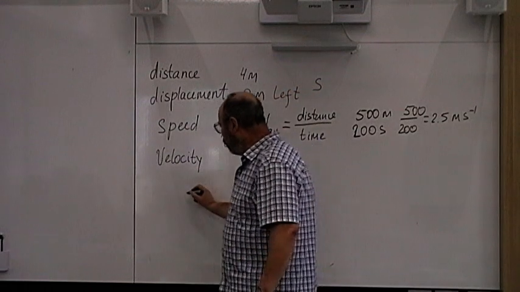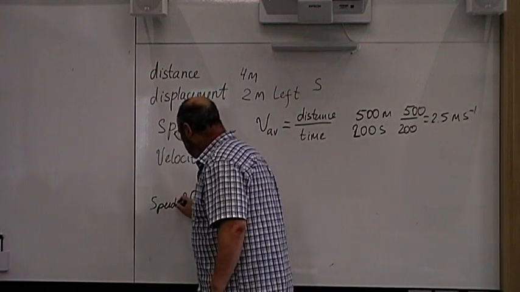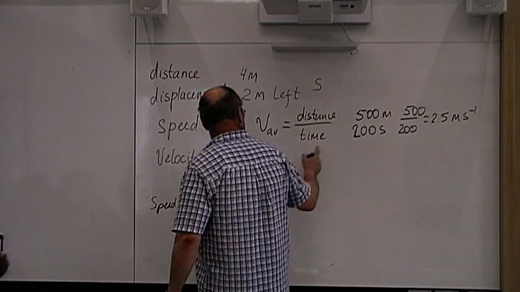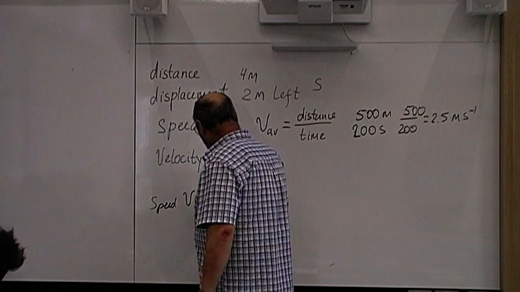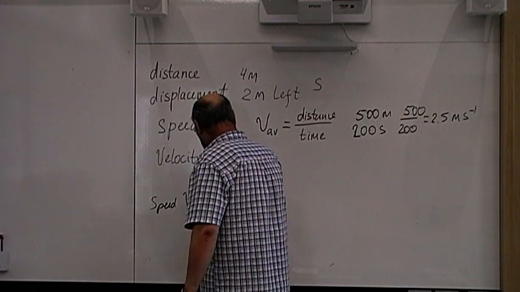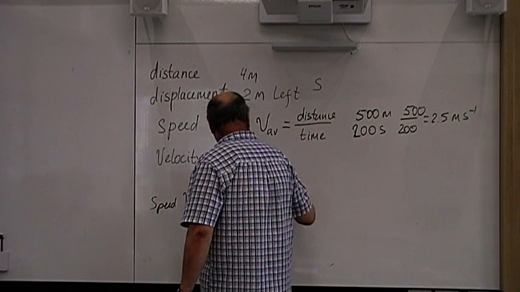So your average speed will still be the same. We will have 1,000 meters over 400 seconds, which is still 2.5 meters per second.